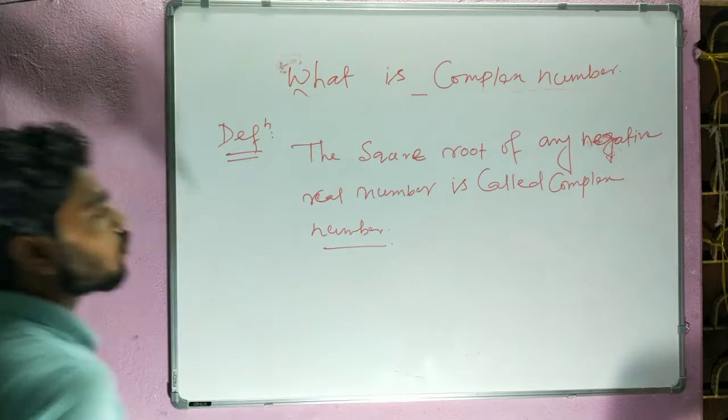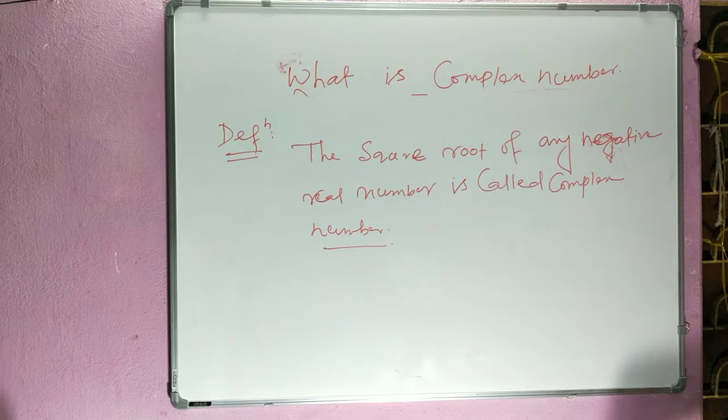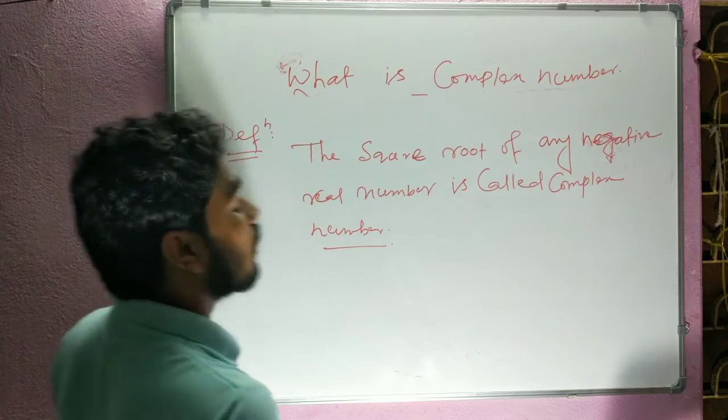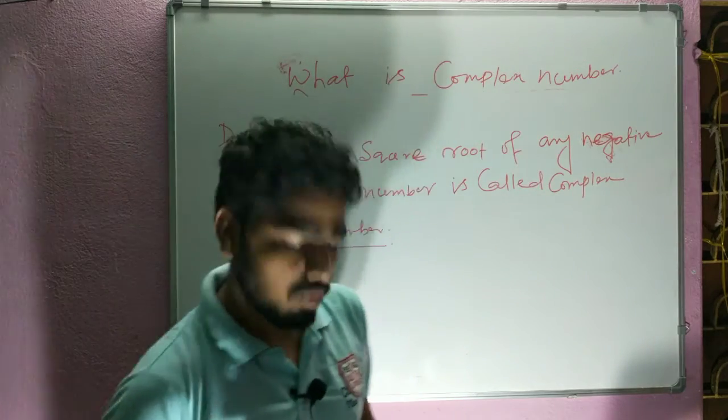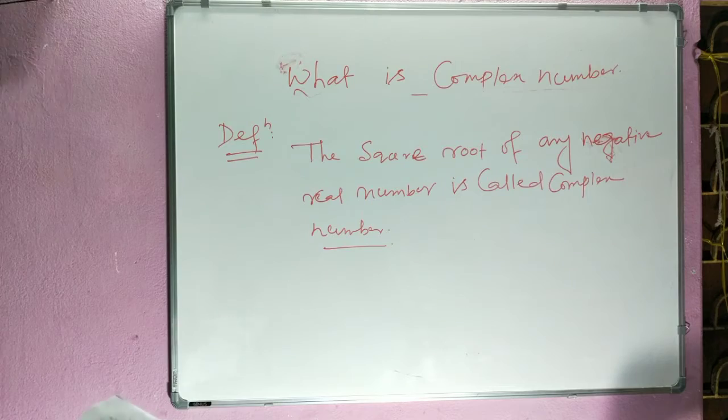That means the square root of any negative real number is called a complex number. This is the definition of the complex number.